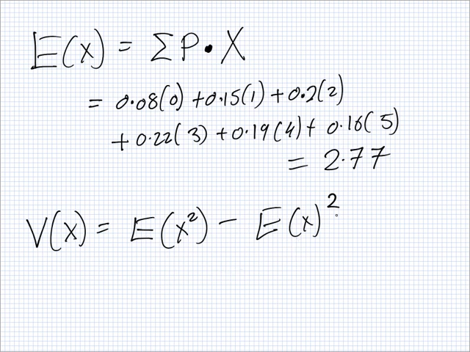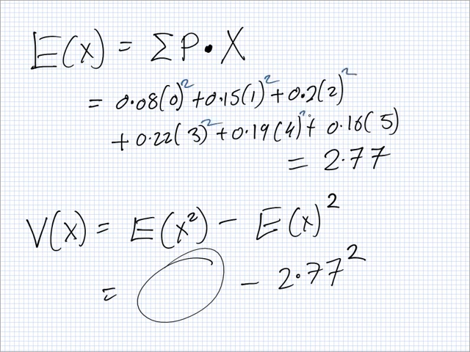So let's work this out. This we don't know, but this we do know. It's minus 2.77 squared. Right, how can we get this? Well, we actually just have to go all the way back up here and just square all of these. Square, square, square, square, square, and square. What is it, 9.97? Okay, so what do we get here if we were to minus those two?